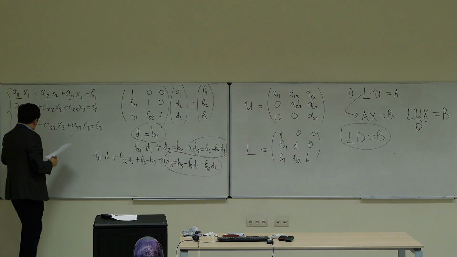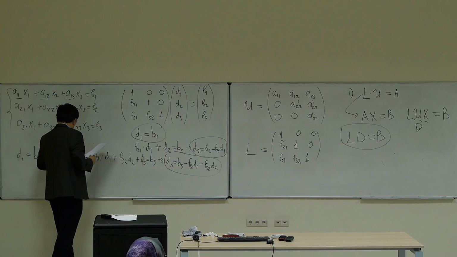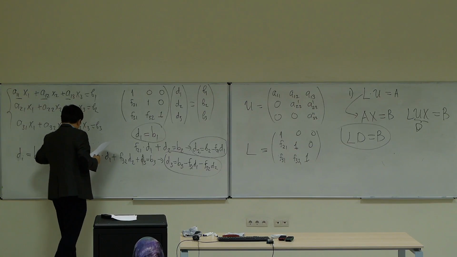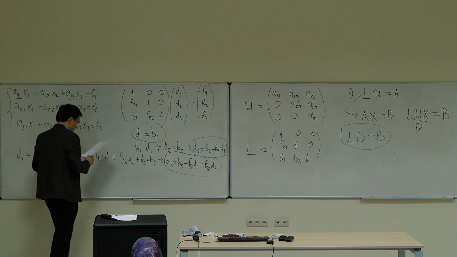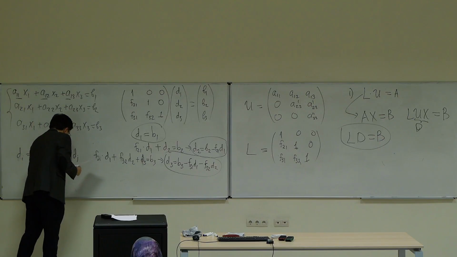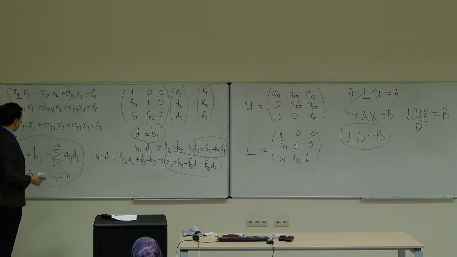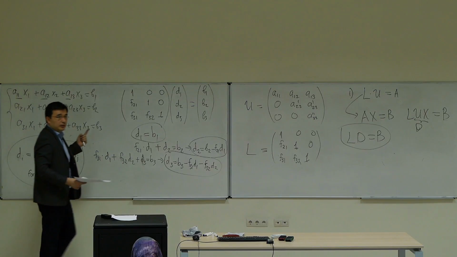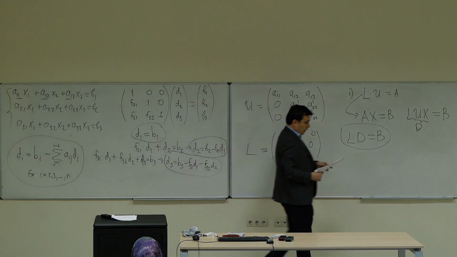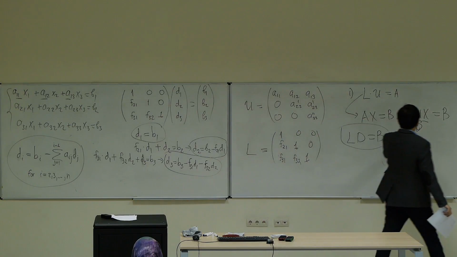Di is bi minus the sum of the known terms. So for some generic n, this is how you determine D. It turns out it's just one for loop. It's trivial to implement. Very simple. All right, I am done with forward substitution.